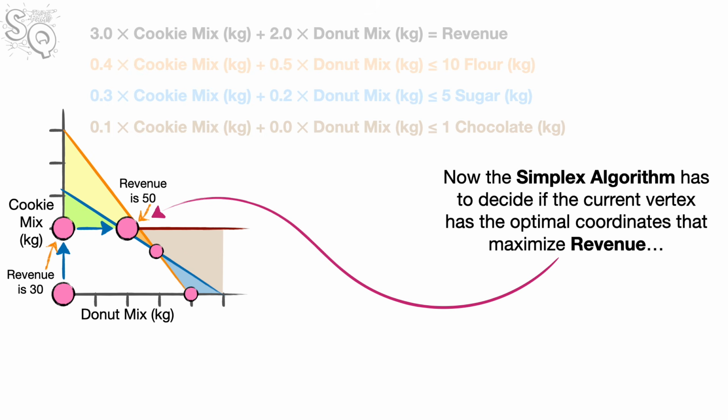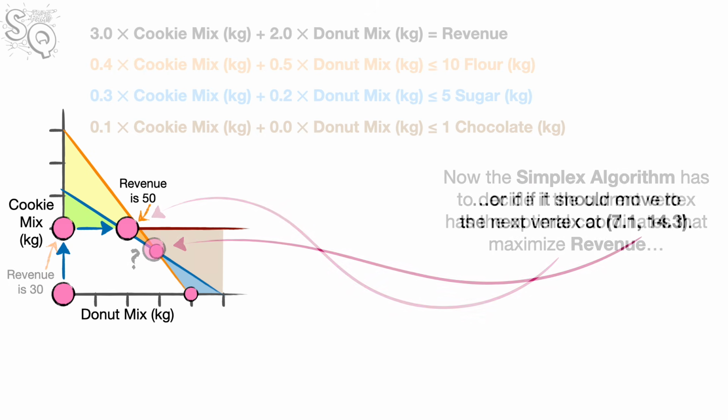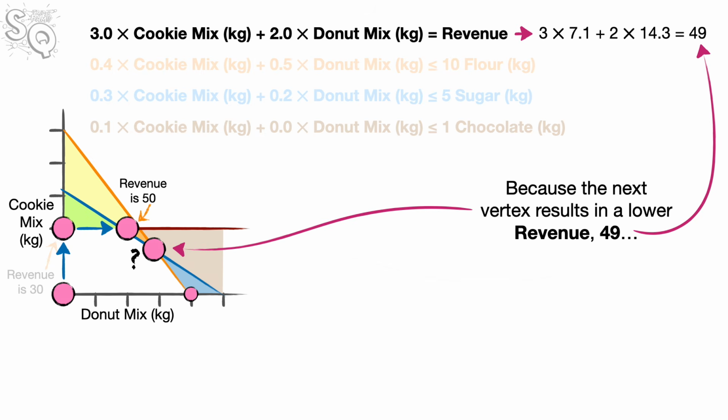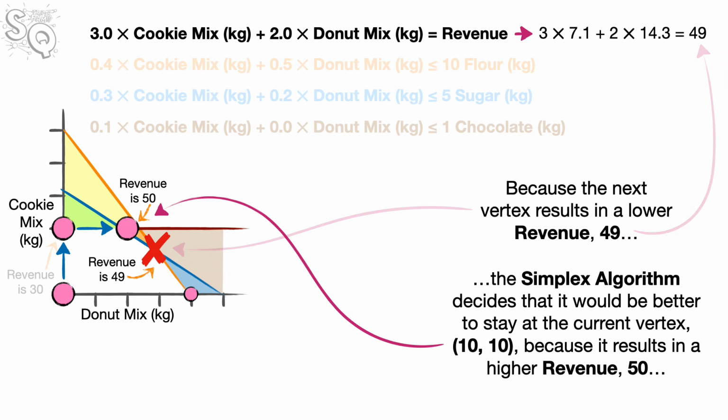Now the simplex algorithm has to decide if the current vertex has the optimal coordinates that maximize revenue, or if it should move to the next vertex at 7.1, 14.3. Because the next vertex results in a lower revenue, 49, the simplex algorithm decides that it would be better to stay at the current vertex, 10, 10, because it results in a higher revenue, 50.